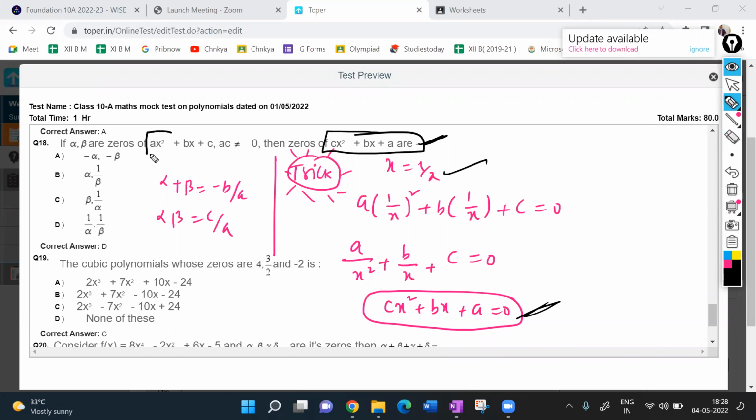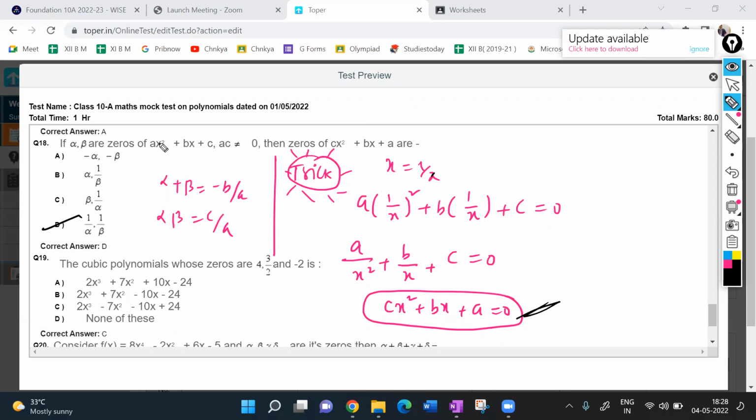Look at this here. I know this polynomial. I know the roots of this polynomial, so I'm taking x value as 1 by x in order to get this polynomial back. Now, quite simple here. Sir, why are we taking it like this? Common sense. Look, the roots will become 1 by alpha comma 1 by beta. Obviously, definitely that will be the thing.